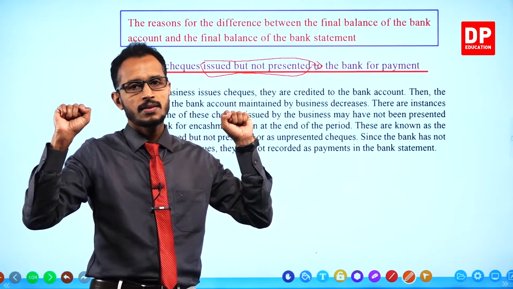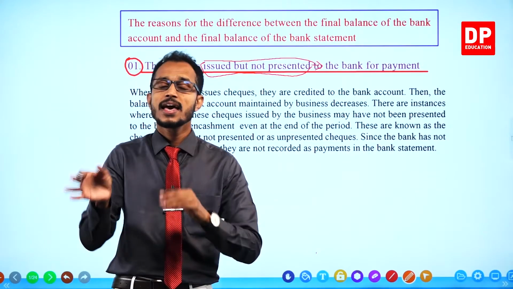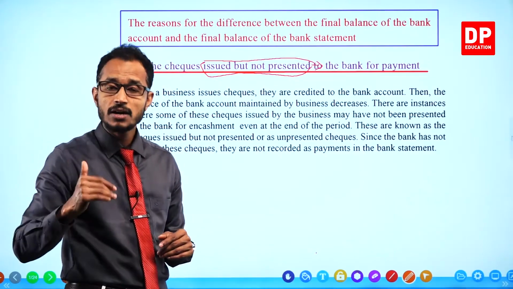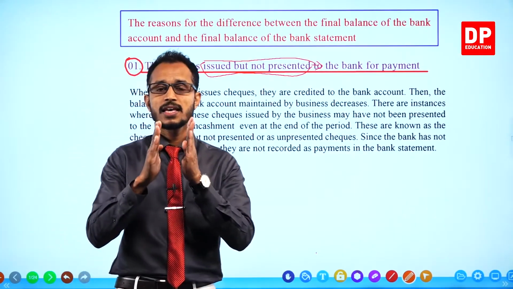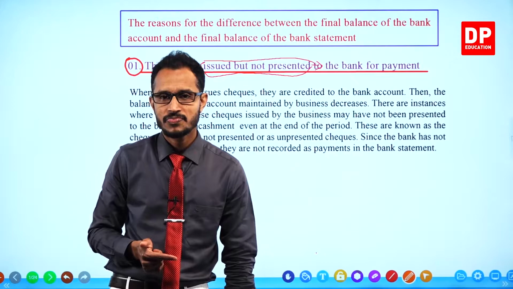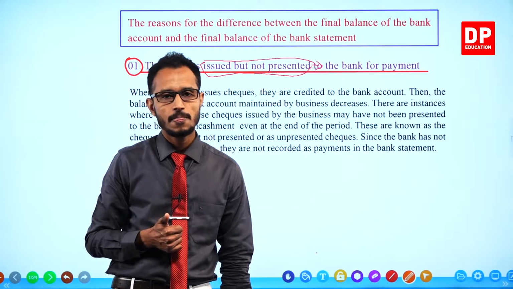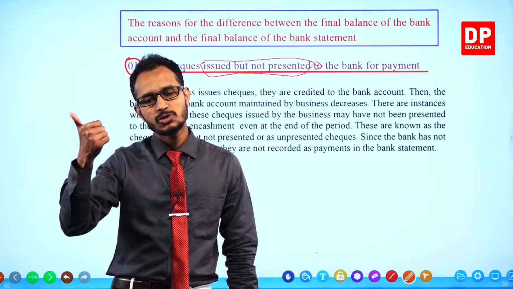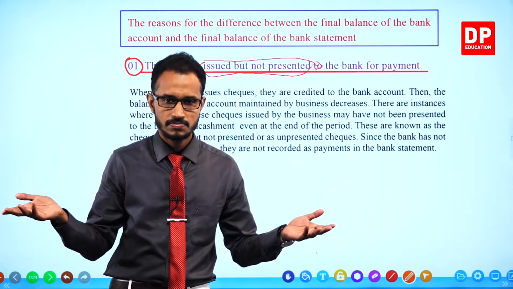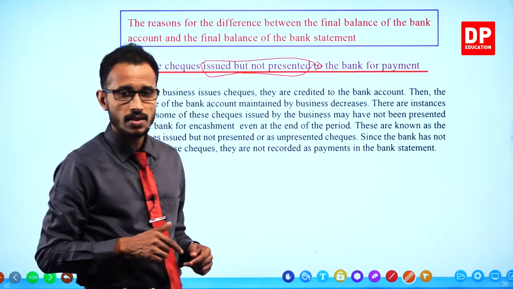Then the credit entry we made has decreased our bank book balance, but not the actual balance of the bank account, the actual money. Did you get the picture? Got it?